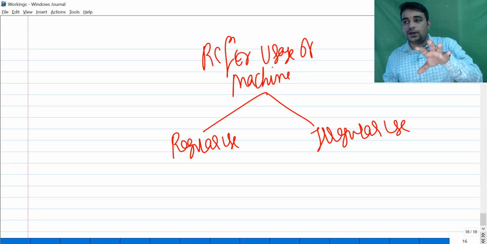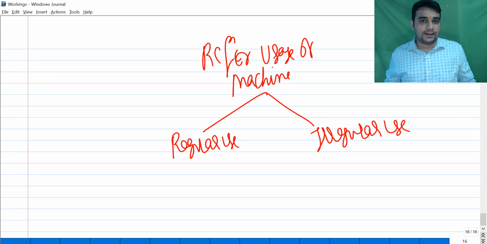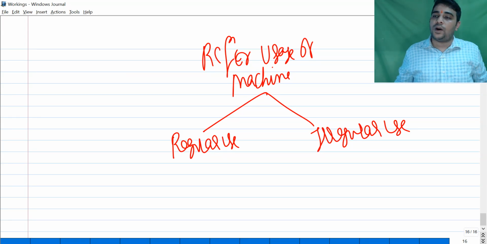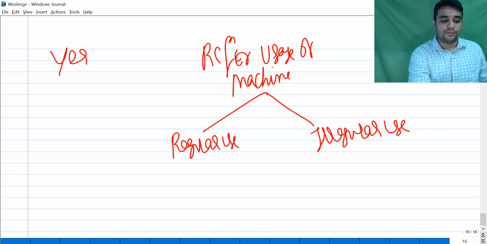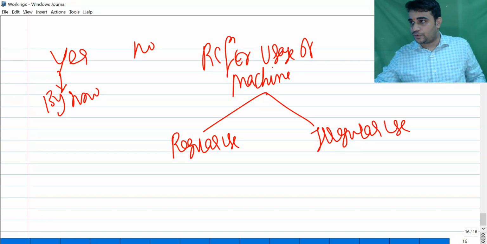If there is a regular use machine, that is, there are 10 machines in the company, and every machine is being used by the company for some purpose or the other, you get a contract. If you get a contract, then in the yes scenario, you buy the machine now, because you have got a new contract.